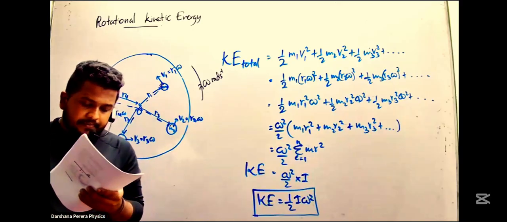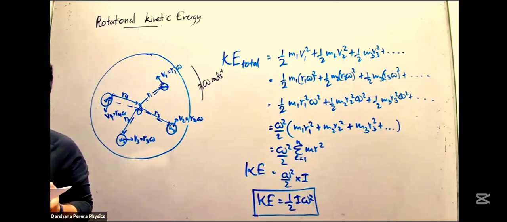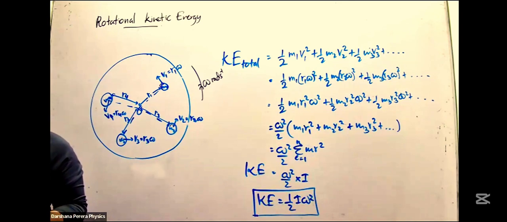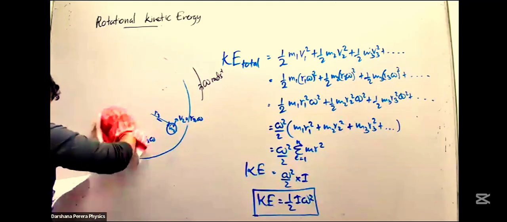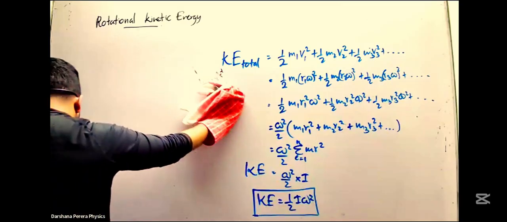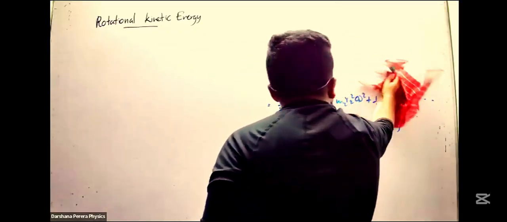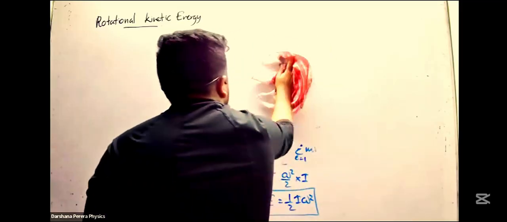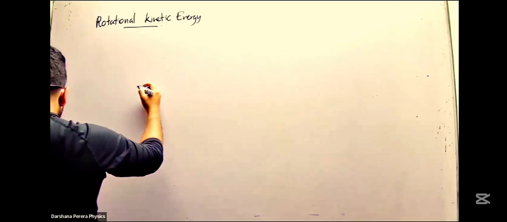If the rotational kinetic energy is 180 joule, find out the omega.